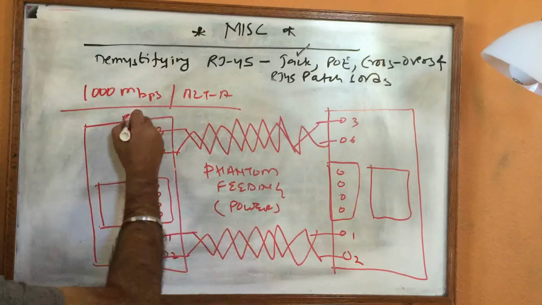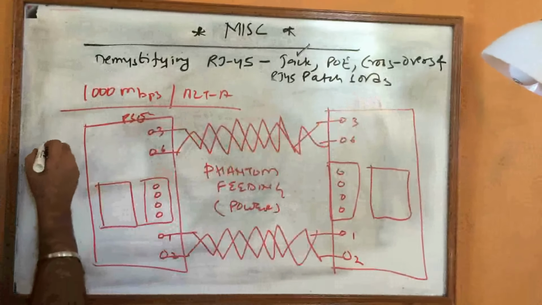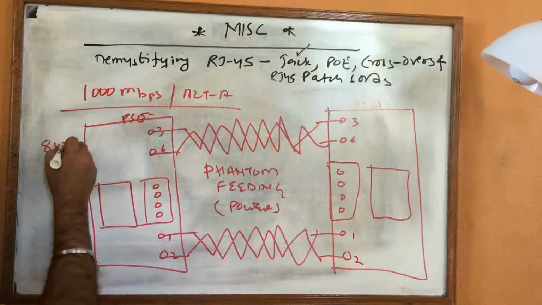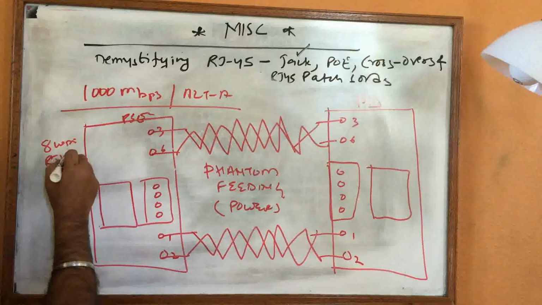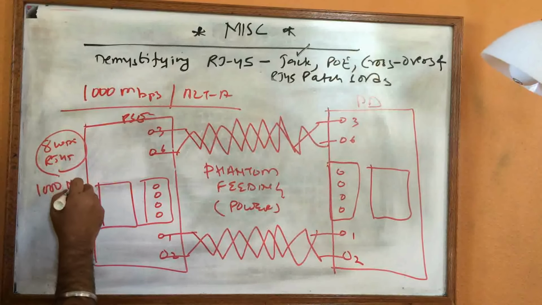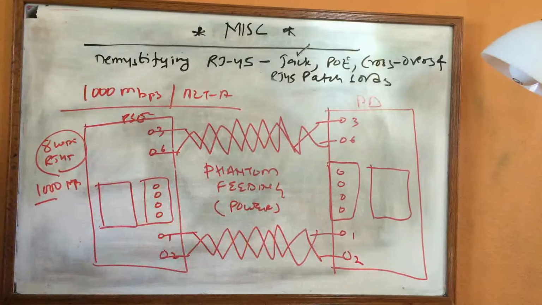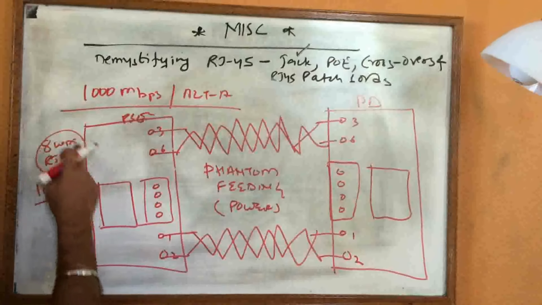This is PSE, power sourcing equipment, and this is power device. If you remember, we have a total of 8 wires in the RJ45 jack, and in a 1000 Mbps connection all 8 wires are used. So all of these wires are connected. How do you transfer the power over that, because we don't have any wires left?